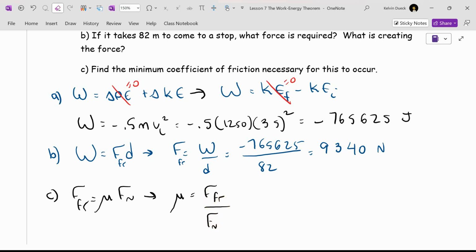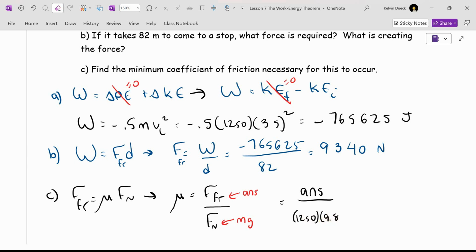I don't know the normal force, but if I imagine my free body diagram, I think in this case the normal force is just going to be mg. And here, this is going to be my answer button. So I'm going to end up with answer button divided by, what was the mass? 1250.